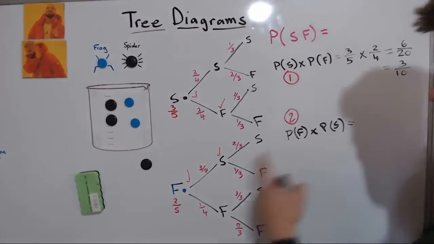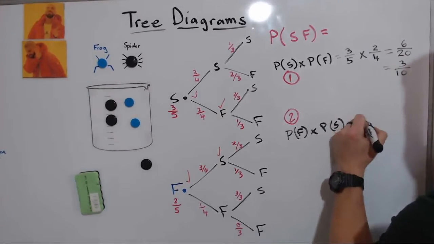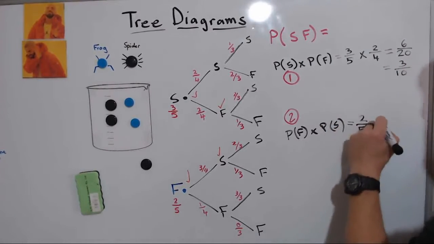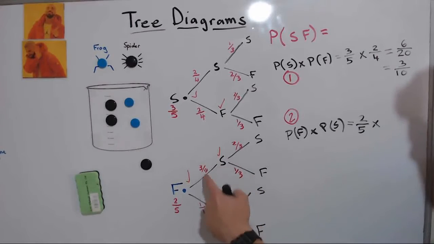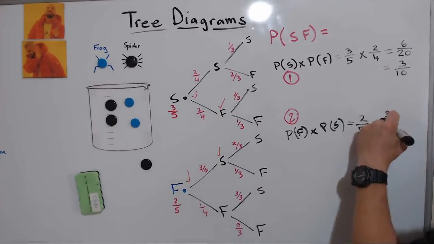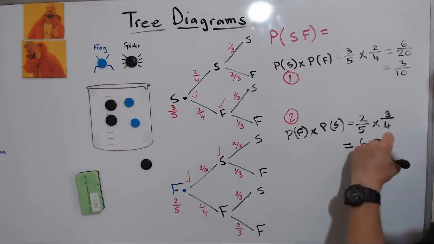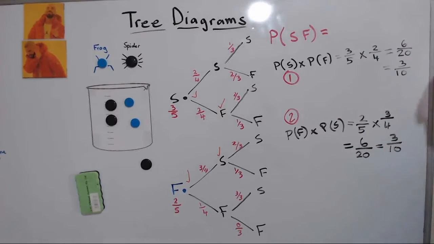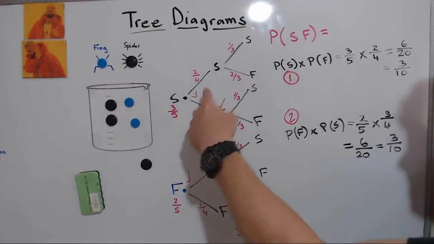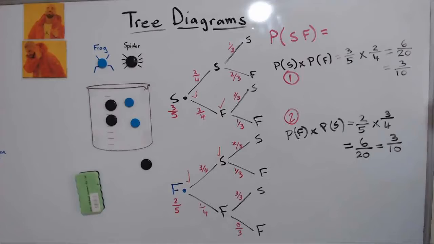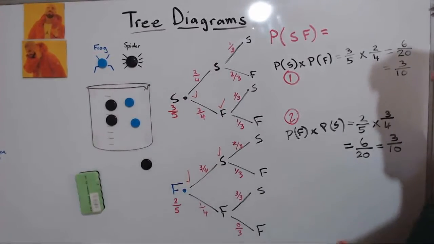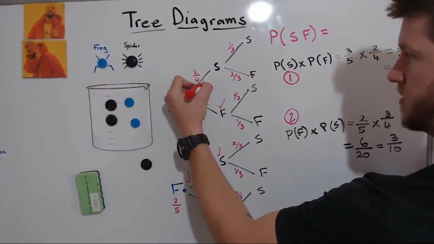In this example, the frog was 2 out of 5, and I times it by the spider now, which is 3 out of 4, and that's going to give me 6/20 as well. So going along a branch for a probability, I multiply. Always. If I go along a branch, I multiply.